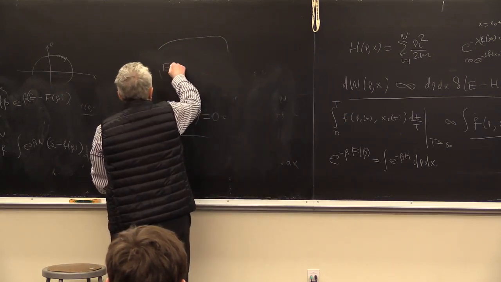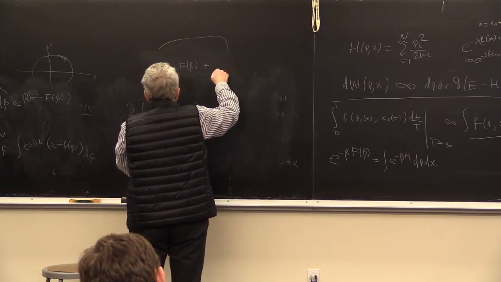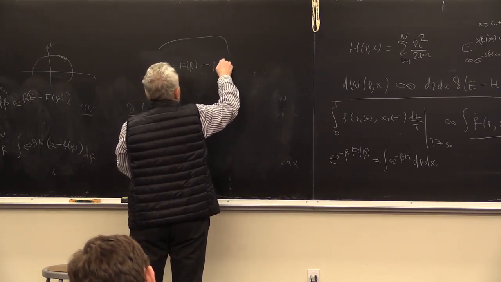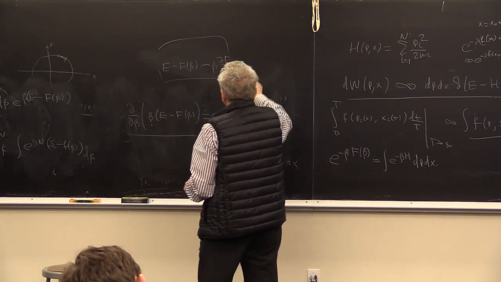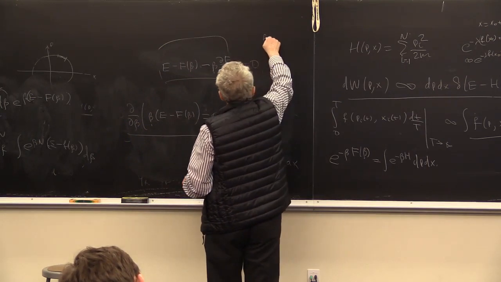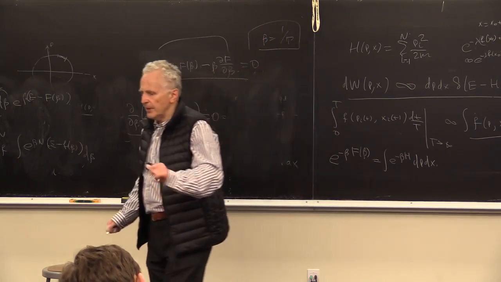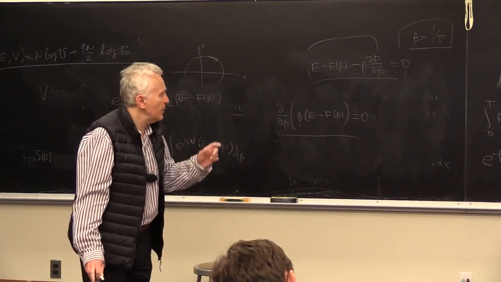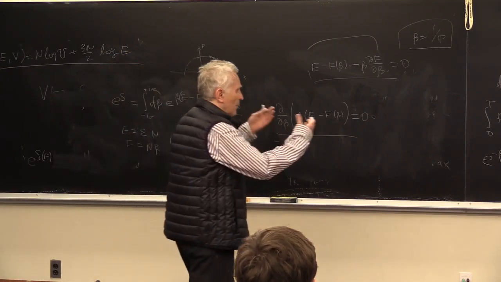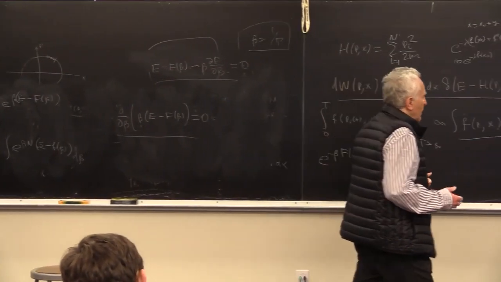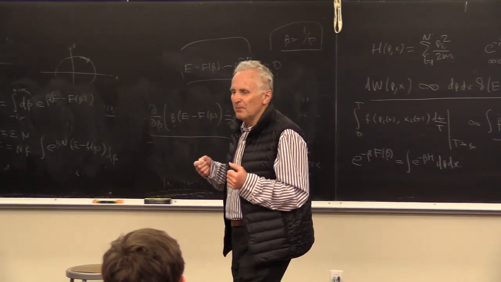We have e minus f, and we differentiate it, plus minus beta df d beta must be 0. And beta is the inverse temperature. It's a very common notation to denote the inverse temperature by the letter beta. It's more convenient in many cases, although temperature is more intuitive. It would be clumsier to discuss weather in terms of beta.